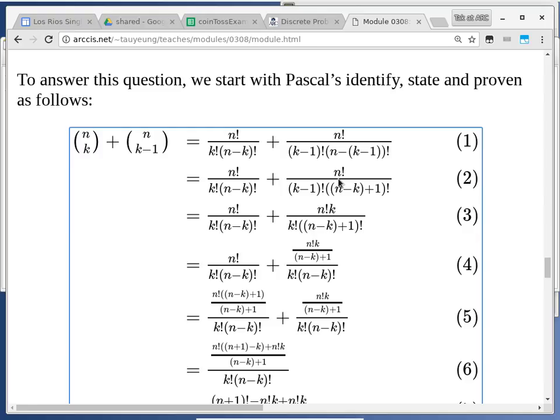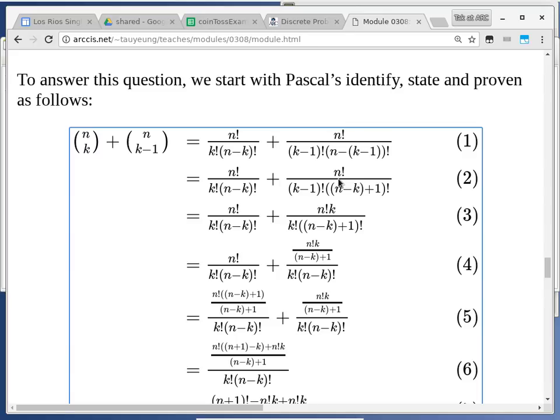That's the definition of combination. So n choose k is by definition n factorial divided by k factorial times n minus k the whole thing factorial. The other one looks a little bit uglier because it is n choose k minus 1, and that's why we have some k minus 1 terms here. Going from the first row to the second row, what did I do? Nope, there's no distribution.